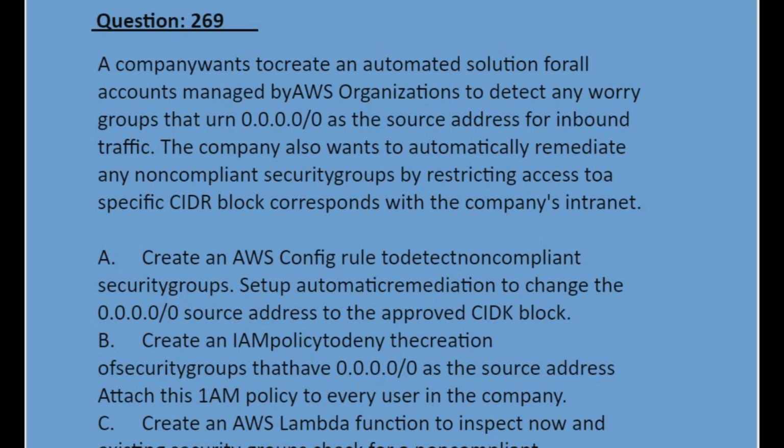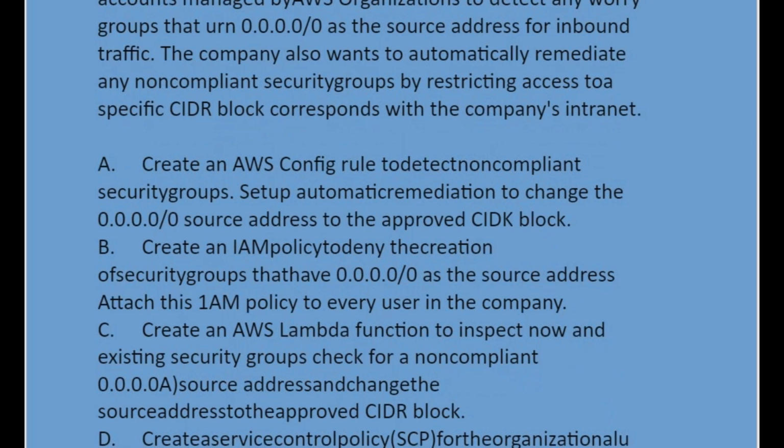The company also wants to automatically remediate any non-compliant security groups by restricting access to a specific CIDR block that corresponds with the company's intranet. Option A. Create an AWS Config rule to detect non-compliant security groups. Set up automatic remediation to change this source address to the approved CIDR block.